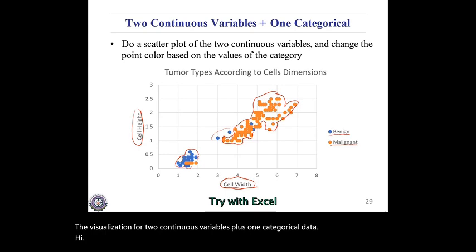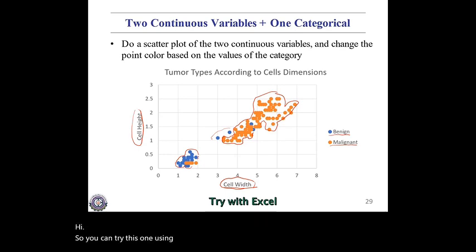You can try this using Excel. I think I provided the tumor data, or you can find the tumor data, tumor types according to cell dimensions, on the internet. Then you can try to create a scatter plot for this type of data.